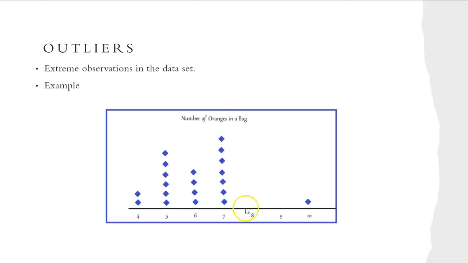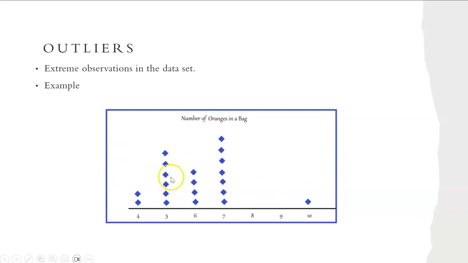An example is if we have a data set, and this is a dot plot, and these are our data points for the number of oranges in a bag. You can see the majority of them fall over here, and then we have this one little one out here all by itself. This 10 right here will be considered an outlier.